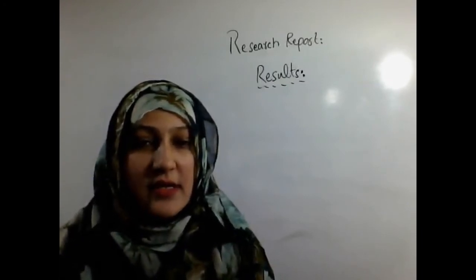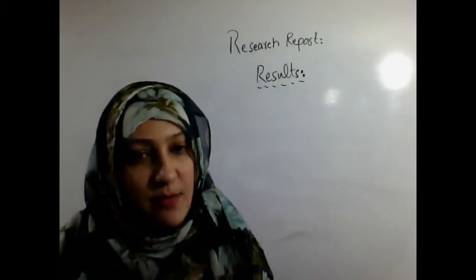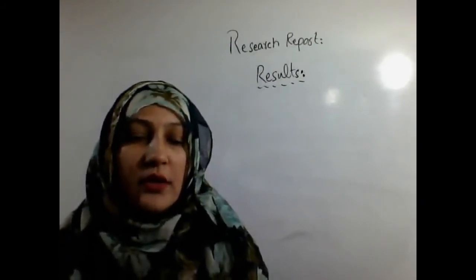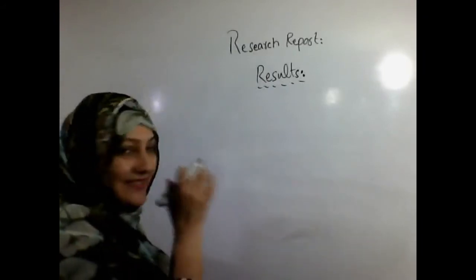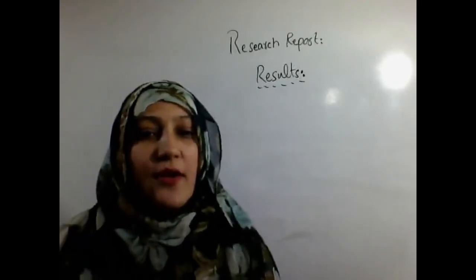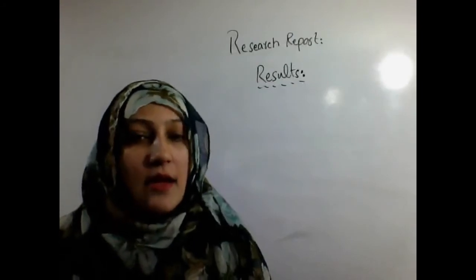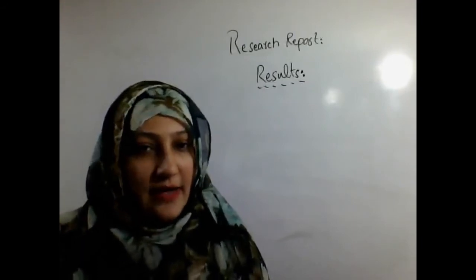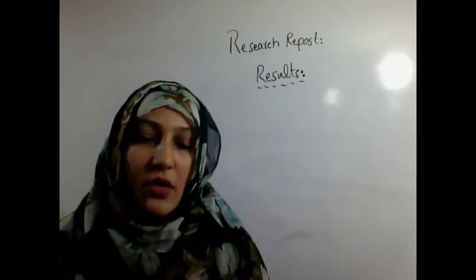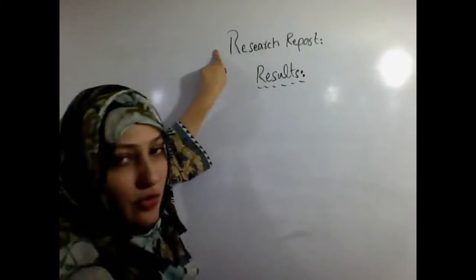If you have interpreted your data in a very good manner, your research report would be a miracle. Your results show the novelty of your work. If you have presented your results in an effective way, effective on the readers, on other persons, that would be the success of your research report.